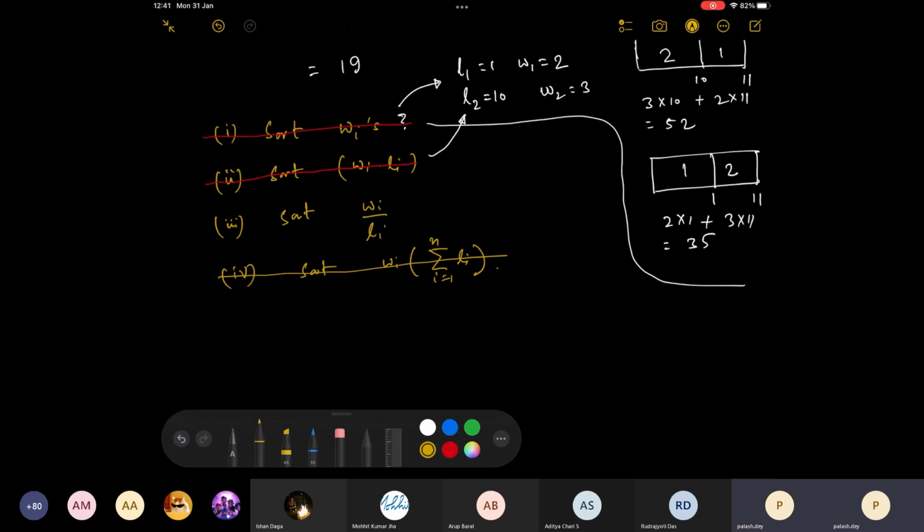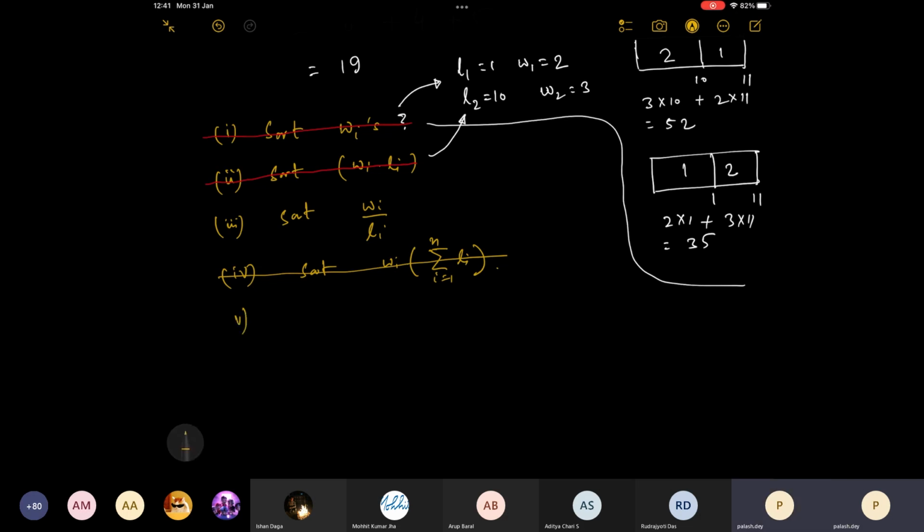Let me write this way, sort by Wi minus Li. These also have the same effect. Everyone is convinced? So the first step is that you study the behavior of the optimal algorithm, which you do not yet know, with respect to each of the parameters. And now try to combine these parameters in some natural ways.